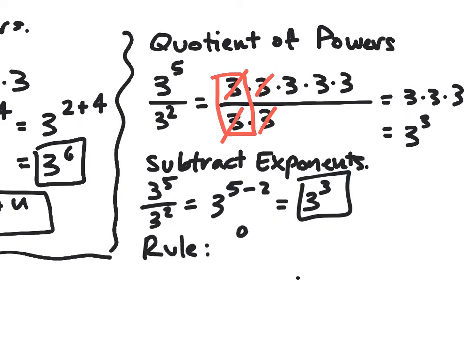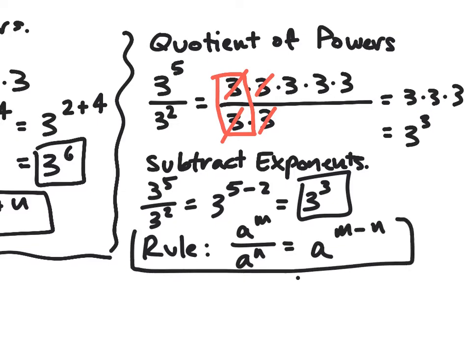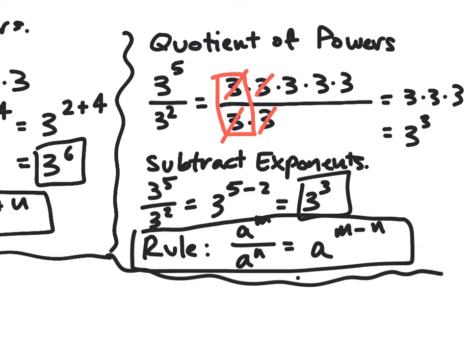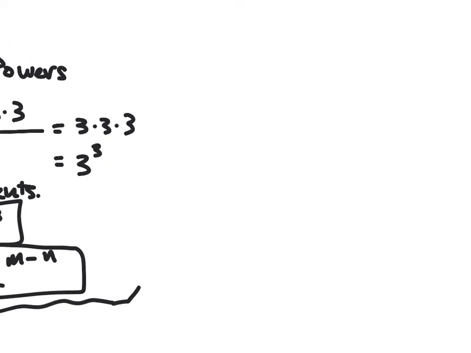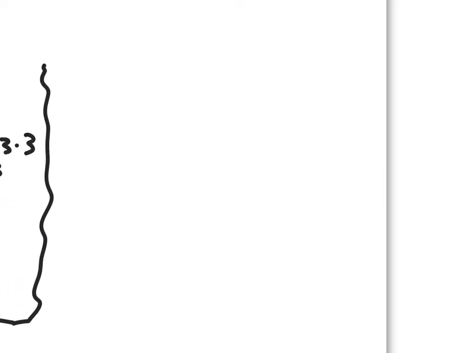If I had, say, a to the m divided by a to the n power, then that would give us a to the m minus n power. That's my general rule. The cool thing about these rules is that this applies to really anything. You can use any number you want. The rule is the same. Now let's talk about the next one.